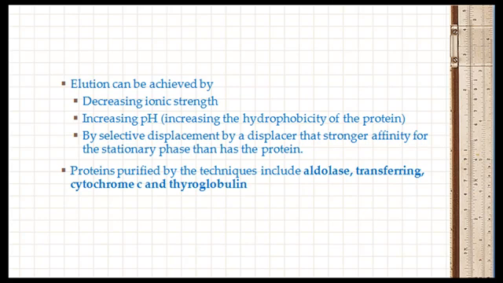Hence, optimization is important when we perform hydrophobic interaction. Proteins purified by this technique include aldolase, transferrin, cytochrome C and thyroglobulin, or any protein can be purified using this technique. Only optimization is required. Thank you.